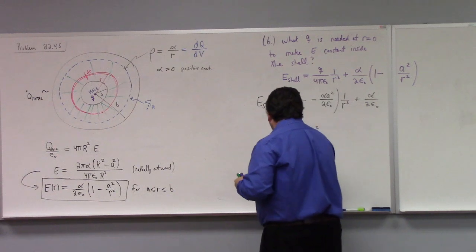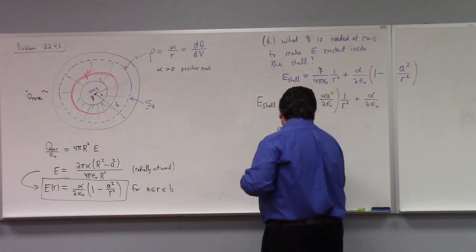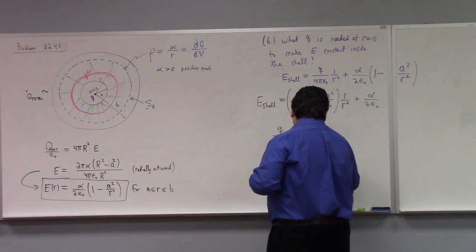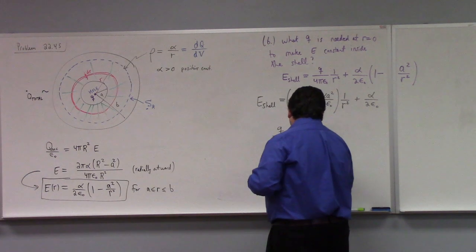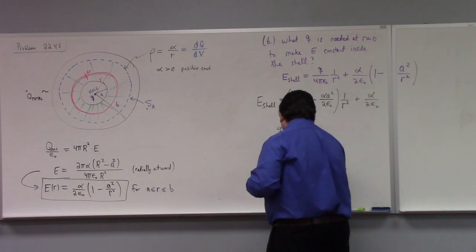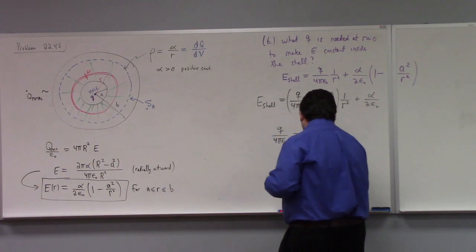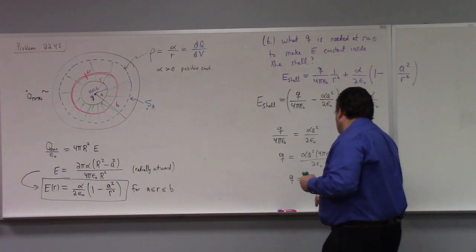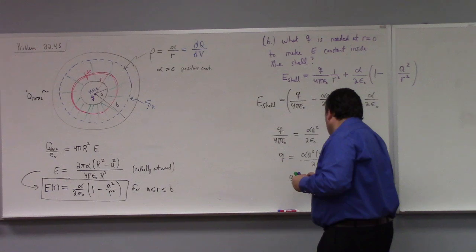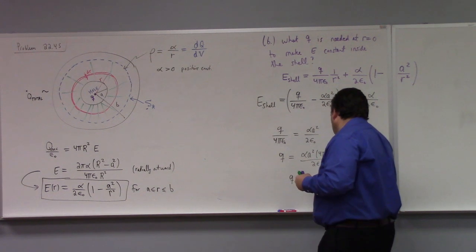Solve for q: q is alpha a squared times 4 pi epsilon naught divided by 2 epsilon naught. We can clean that up a bit. The epsilon naughts cancel, and 4 over 2 is 2, so we get 2 alpha a squared, and pi.